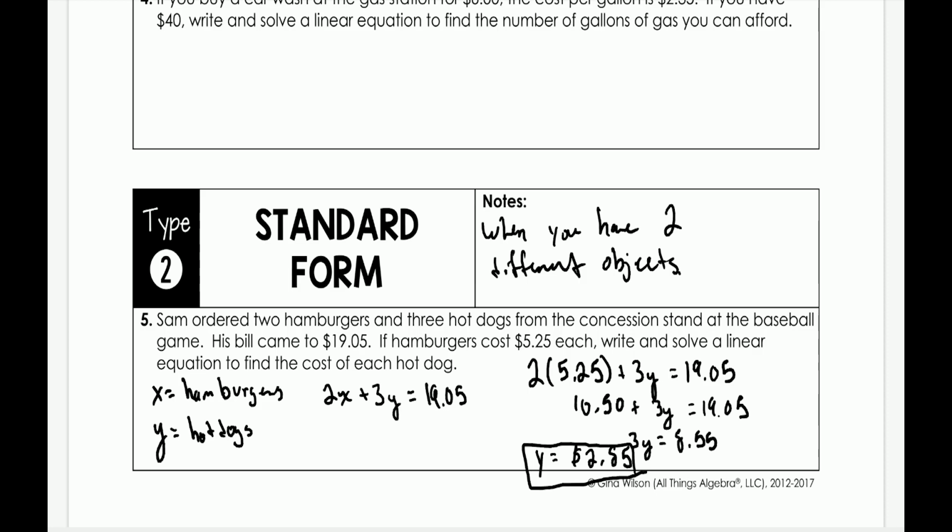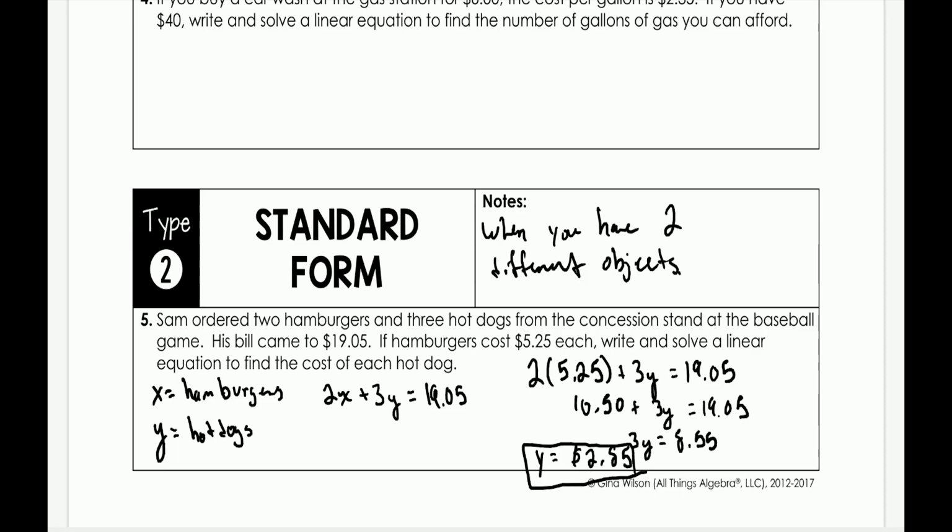So what we did, we set up variables. We said x is equal to the price of hamburgers, y is equal to the price of hot dogs. We used the given information in the problem. We said Sam ordered 2 hamburgers and 3 hot dogs, so that's going to be 2x plus 3y, and that's going to be equal to the total bill, 19.05.